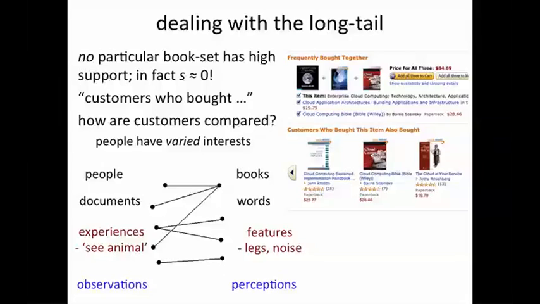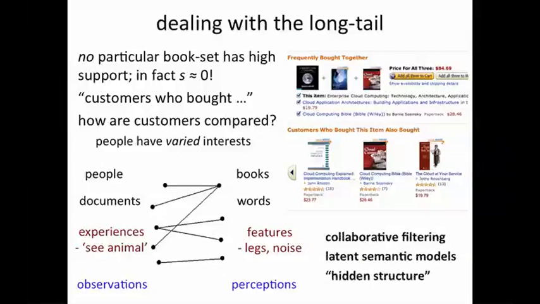So the question we're trying to ask now is whether we can do something more with this structure, and techniques such as collaborative filtering, latent semantic models, and others are actually able to extract the hidden structure between different elements of such transactions and essentially extract classes and features from such a graph.